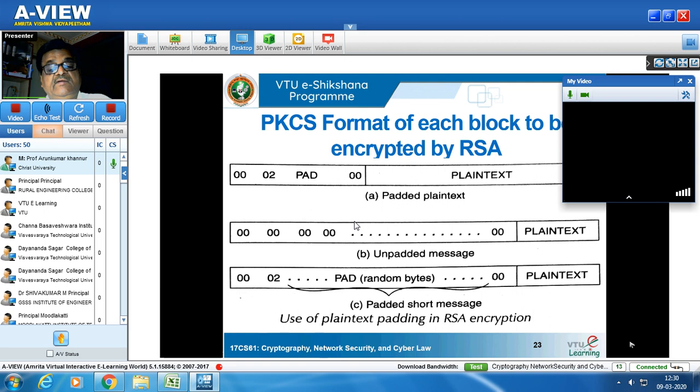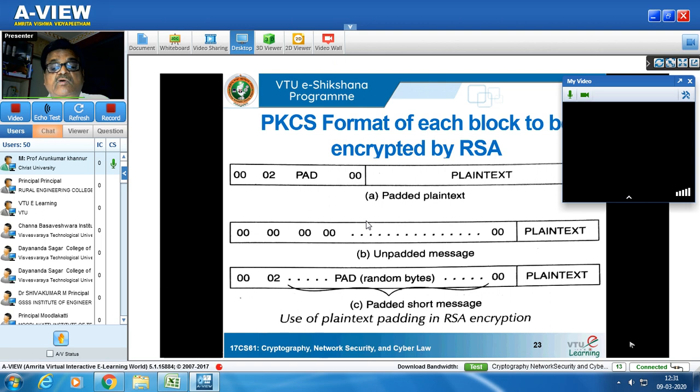Let us assume that we take an unpadded message, 00 00 like that up to the end, followed by plain text. We convert this unpadded message by adding 00 to the leftmost, followed by 02, then the pad of random bytes, followed by 00. This is the padded short message. After that, we add the plain text.